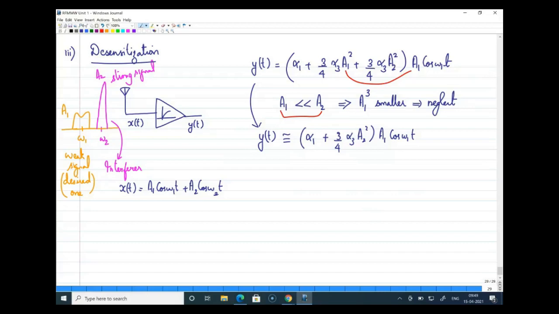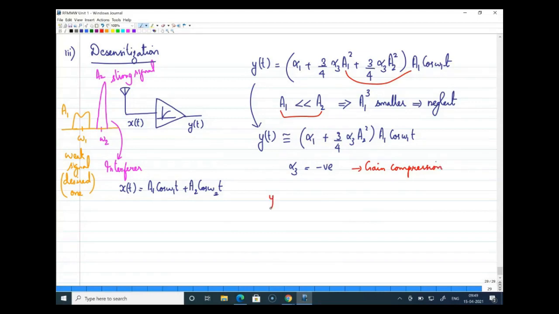Now again, limiting this only to gain compression, I can say that I am considering alpha 3 only as negative, because that is the scenario in most circuits. I am looking only at the gain compression behavior, assuming the system will show a compressive nature.